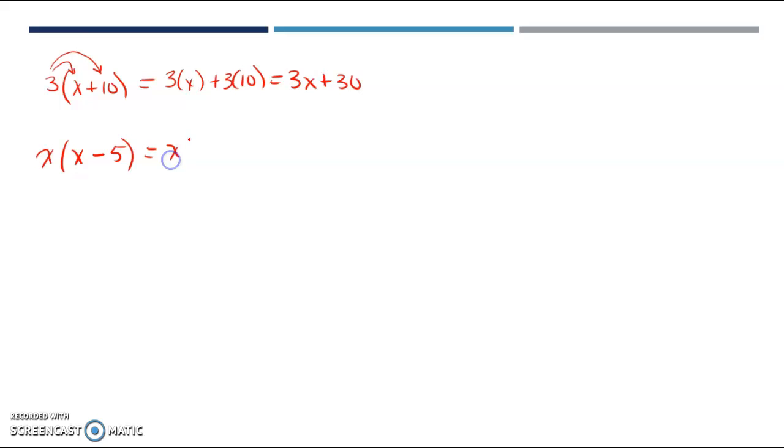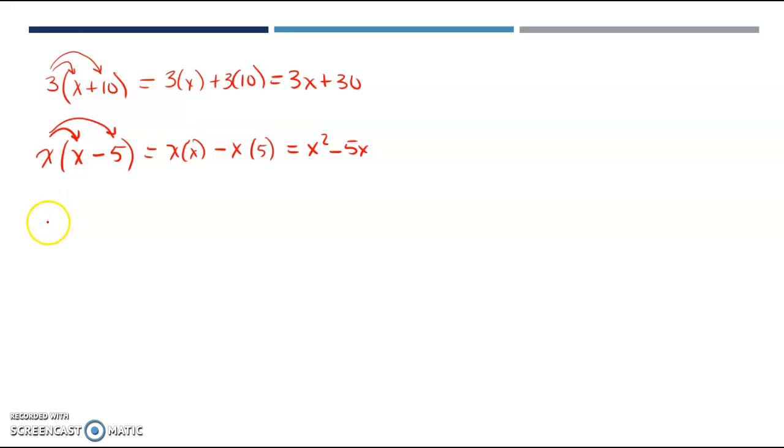We'd have x times x plus x, well, in this case, minus, because the minus in the middle, minus x times 5. So we end up with x times x is x squared minus 5x. Alright, so again, I'm just equally multiplying across the parentheses and only the parentheses.